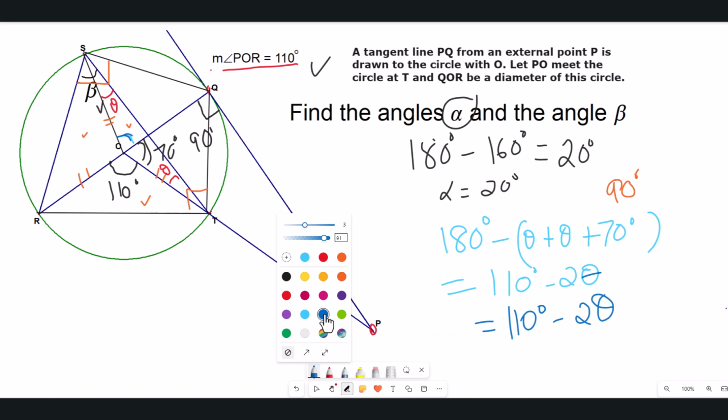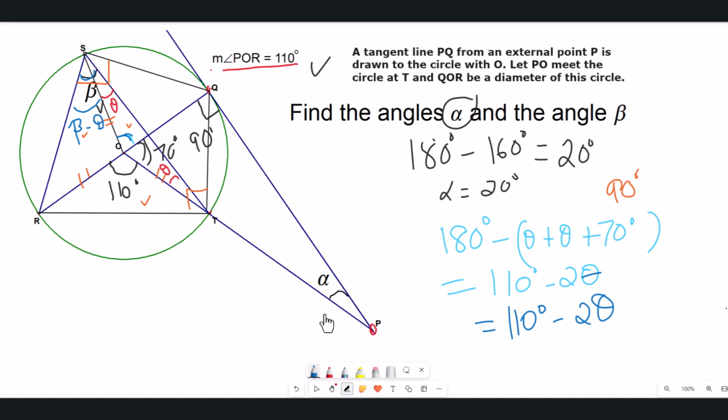And then notice this angle is how much? This big angle is beta and the red angle is theta. So this is beta minus theta, right? And since this side is congruent to this, we get a beta minus theta here as well, right? Now remember this property, that the external angle is the same as the sum of these two internal angles.